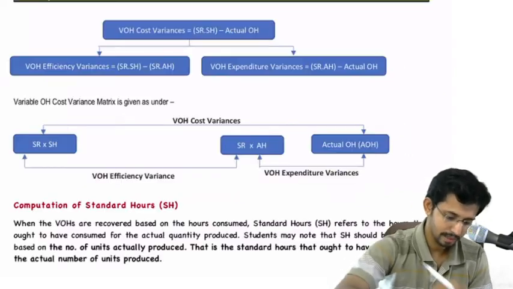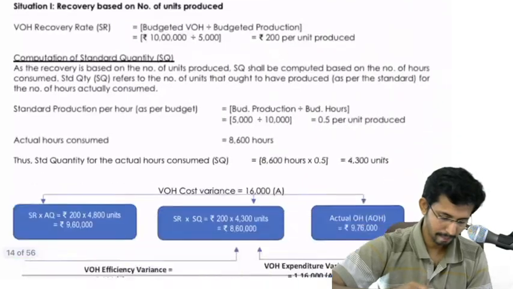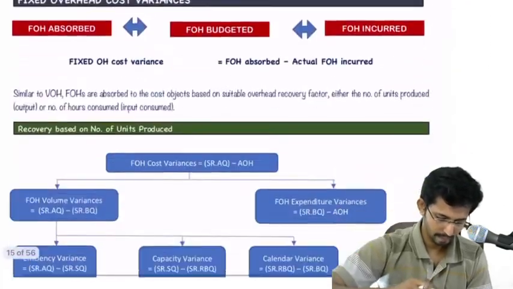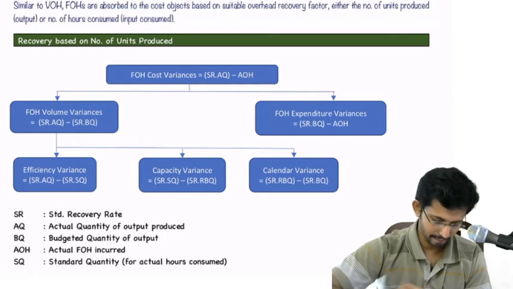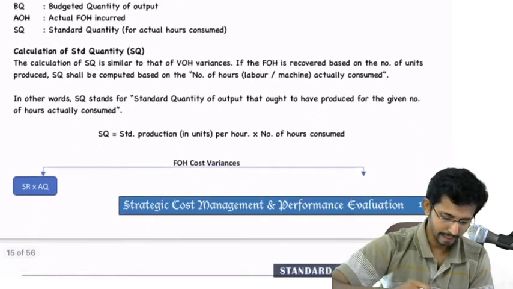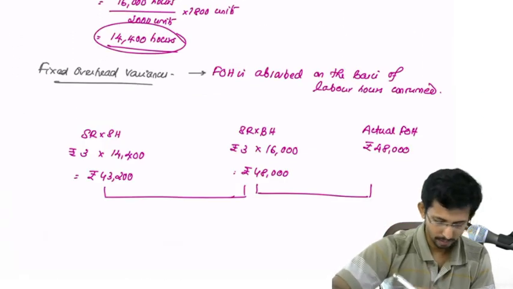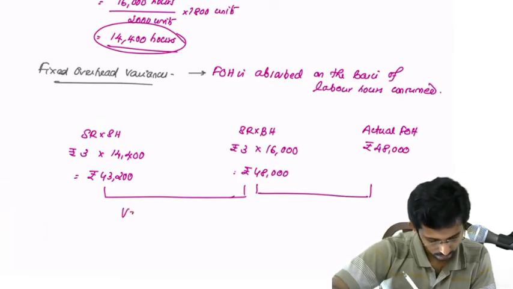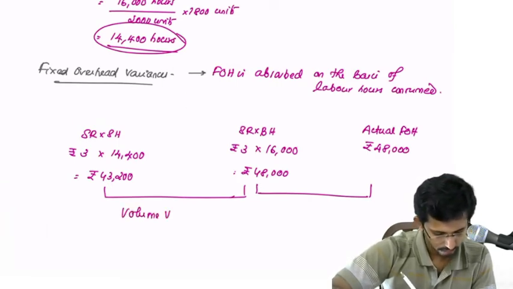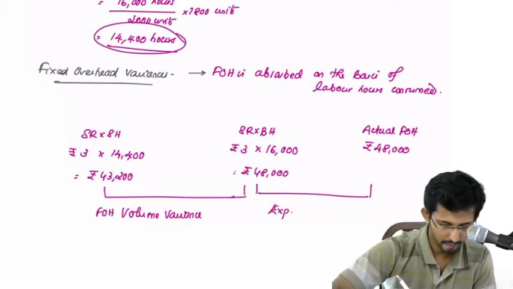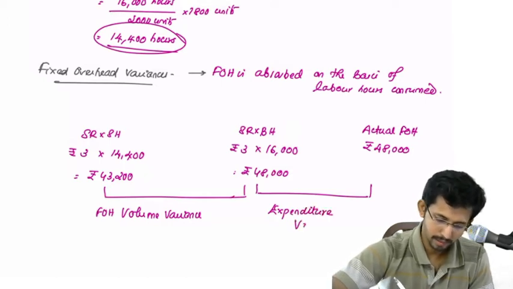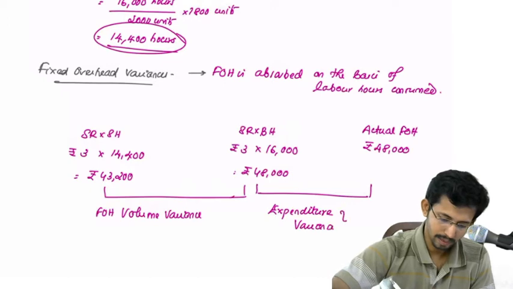So you have two variances here. The first is FOH volume variance, and the other is FOH expenditure variance.